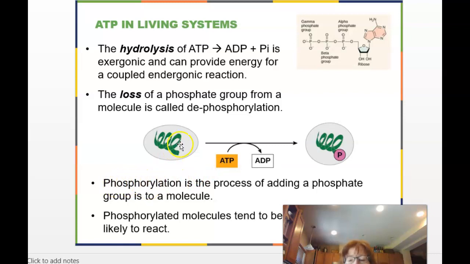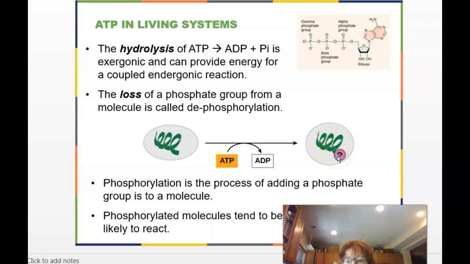So here in this image you see above, we have some molecule that doesn't have anything, but we're going to drive it this direction. When I say drive, I mean the reaction's going from left to right. ATP was hydrolyzed here. Exergonic reaction, we released some energy here, and that phosphate is placed on this molecule right here that you can see. So this is a molecule that's been phosphorylated.